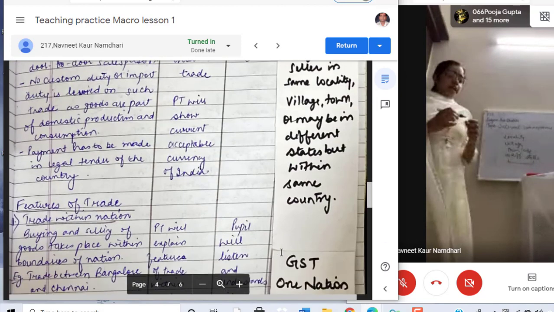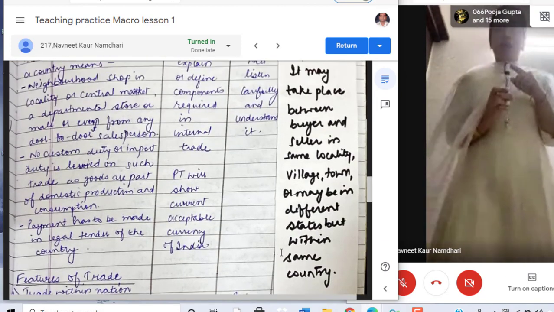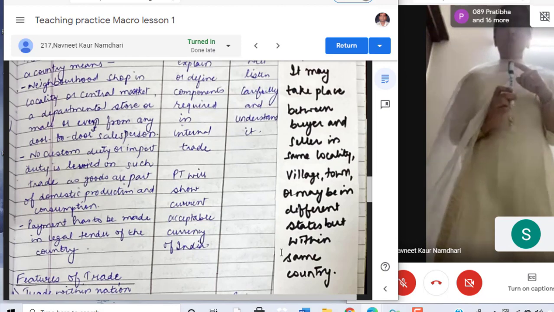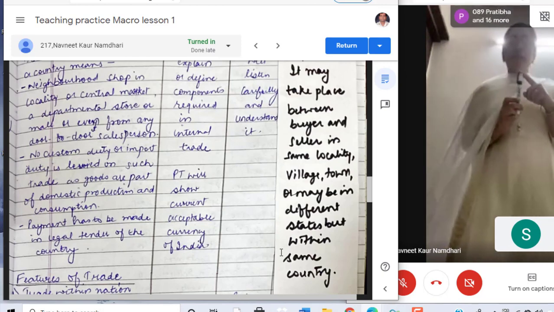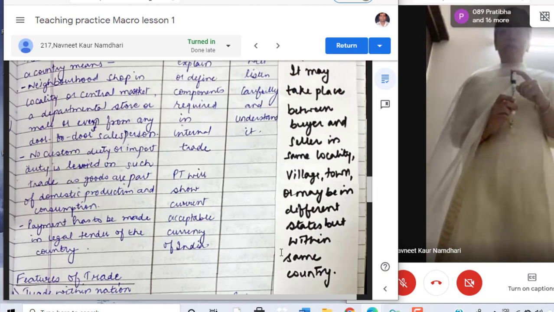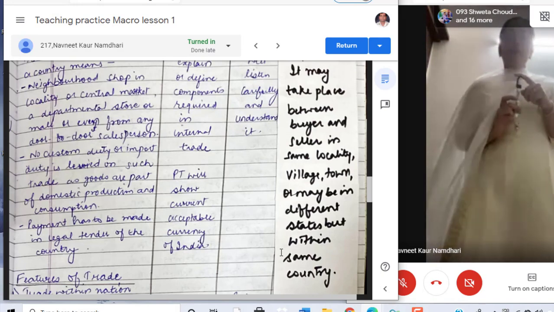So tell me, students, if I need to buy this particular marker, where do I need to go? Or from where can I get this marker? Stationery shop. Yeah, from a local shop, right?